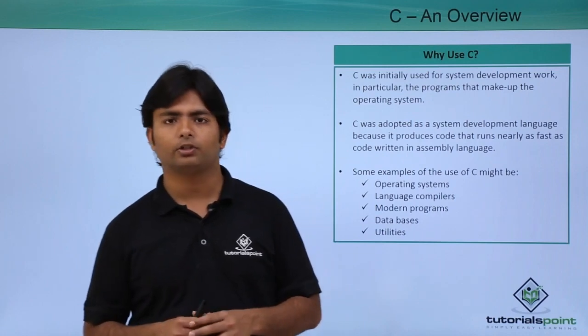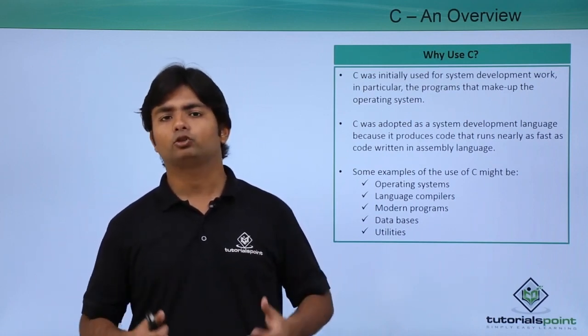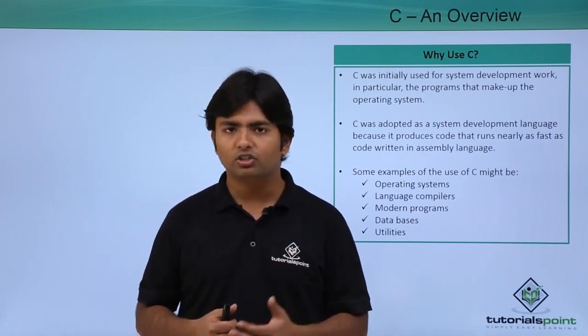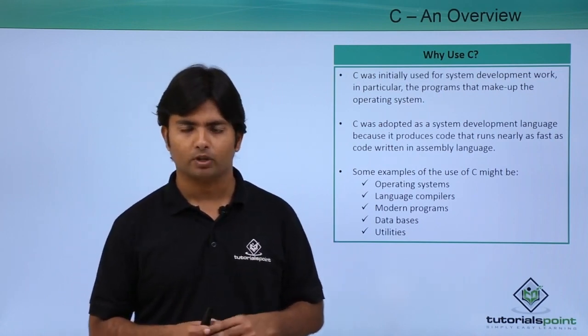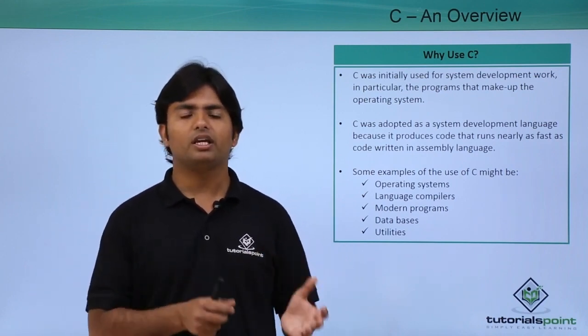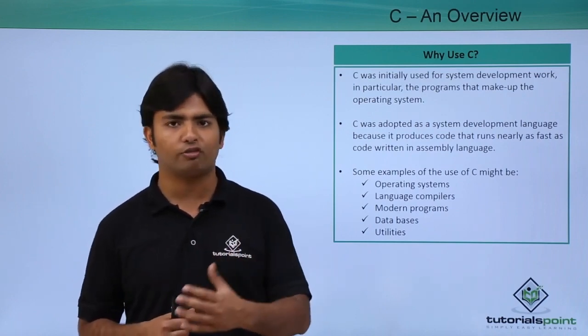Now the question comes, why should we go for C nowadays when we have so many advanced programming languages like Java, C#, .NET, VB.NET? If I talk about any other programming language, they can be used for application development such as Windows or web.